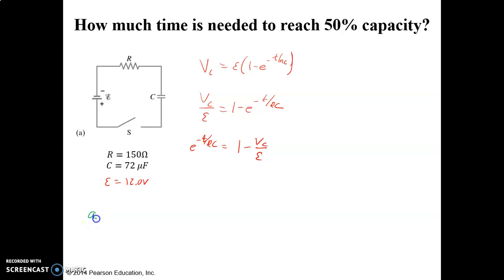that if you have some number to the x and that equals y, then we can take the inverse function to resolve that. Remember, an inverse function would be, say, x squared equals y. Well, how do you get rid of the square? Take the square root. So the square root is the inverse function of the square.